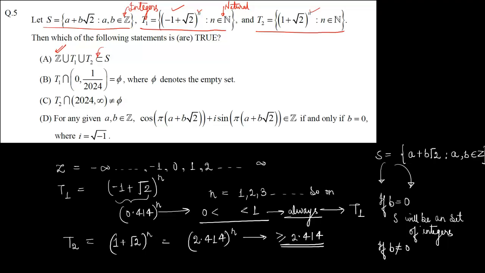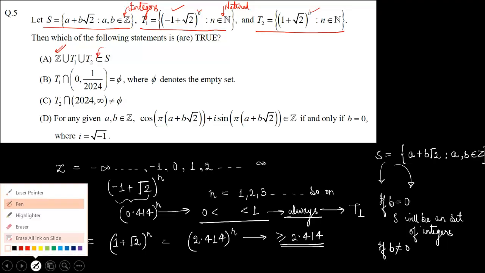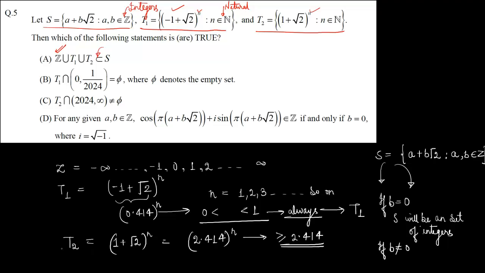We have noticed in Z, T1 and T2 that Z has all the integers. T1 is always lying between 0 and 1, more precisely it will always be less than 0.414, so it will be from 0 to 0.414. And T2 will always be greater than 2.414.